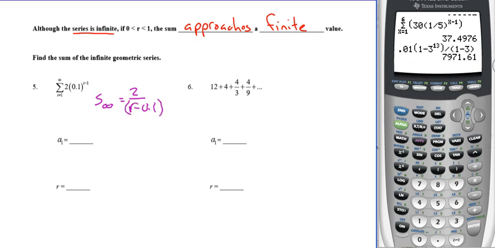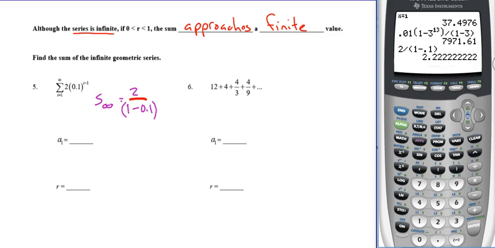So if I'm going to type that in the calculator, hit 2 divided by parentheses 1 minus 0.1, close it.